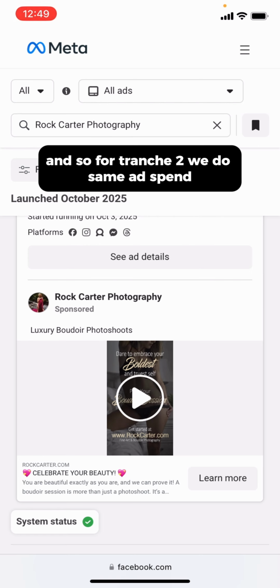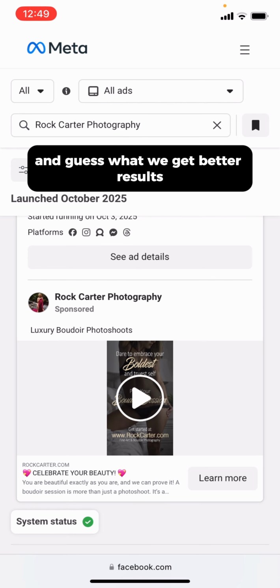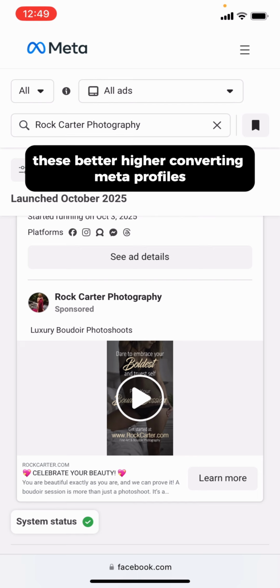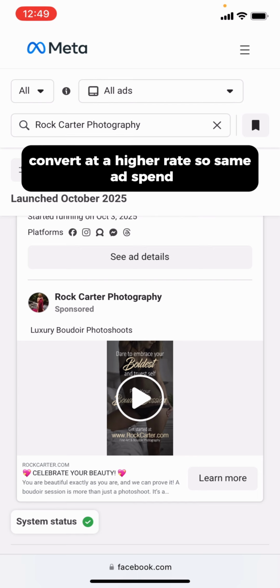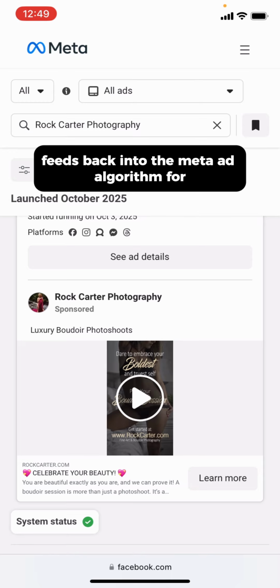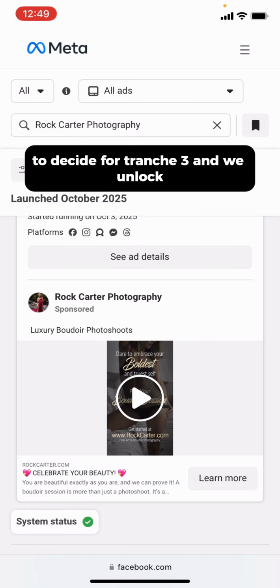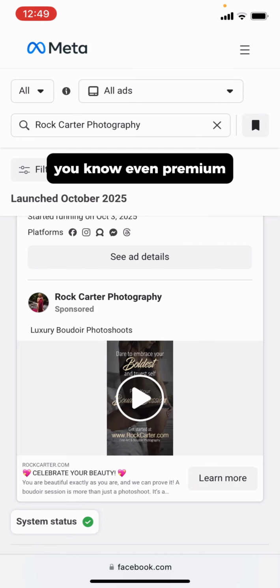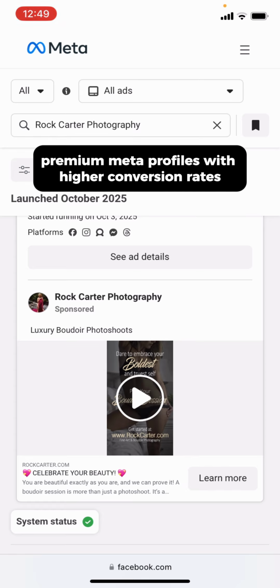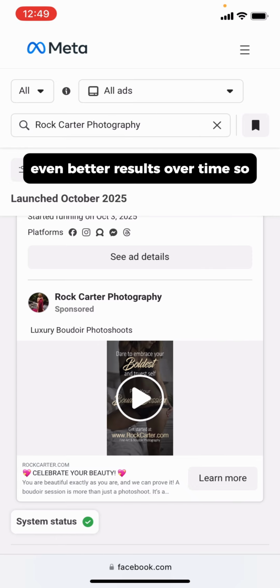And so for tranche 2, we do the same ad spend, and guess what? We get better results because these better, higher converting Meta profiles convert at a higher rate. So same ad spend, better results, feeds back into the Meta ad algorithm to decide for tranche 3. And we unlock even more premium placements now, premium Meta profiles with higher conversion rates, which results in the same ad spend, even better results over time.